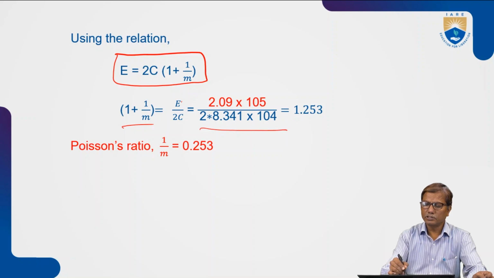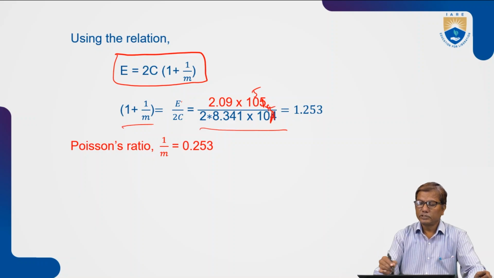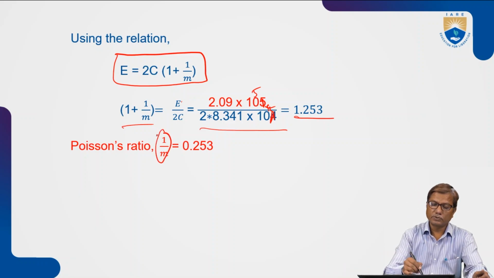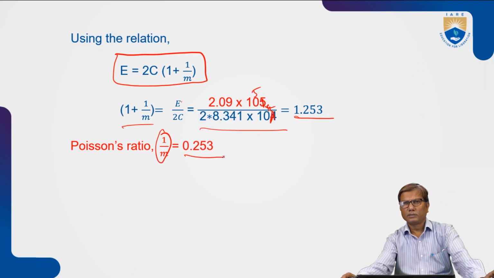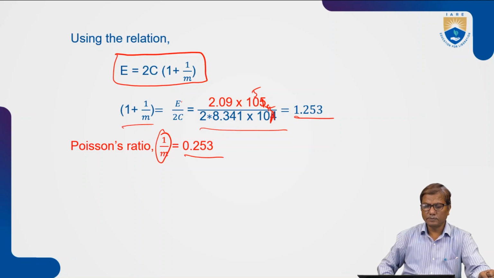This is 10 power 5 and this is 10 power 4, which comes out to be 1.253. Poisson's ratio is 1 by m, so 1.253 minus 1. Poisson's ratio is 0.253.